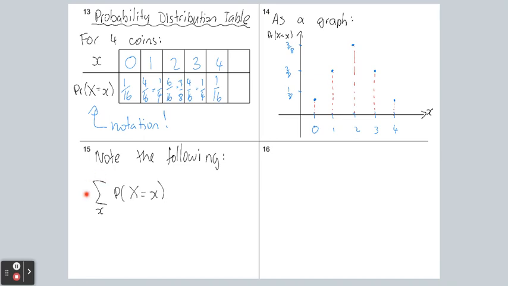Finally, anyone remember what that notation means? It's okay if you don't, it's probably going back to year 10 maths. That symbol means sum. So I'm saying if I sum all across the x variables here, the probabilities of x equals x, what value should I get?